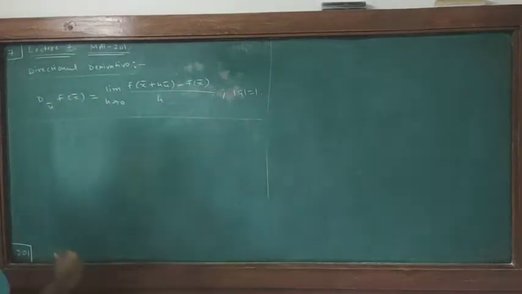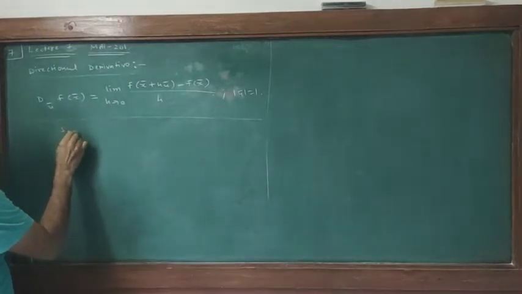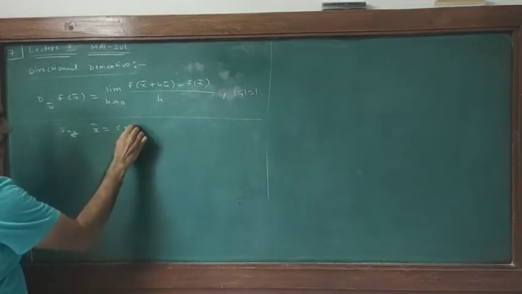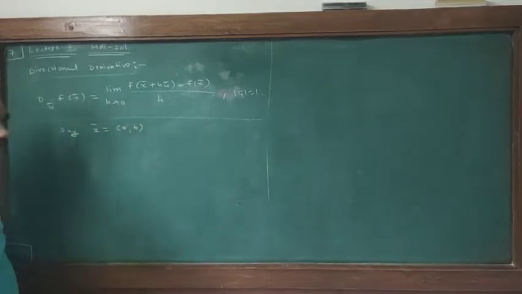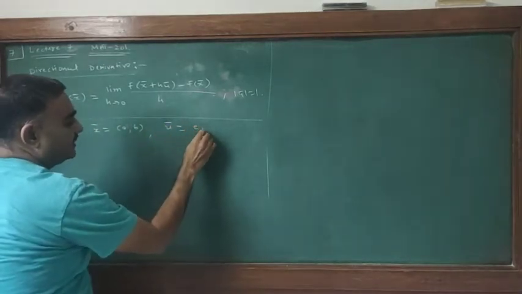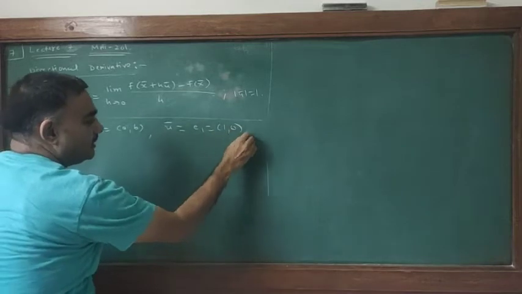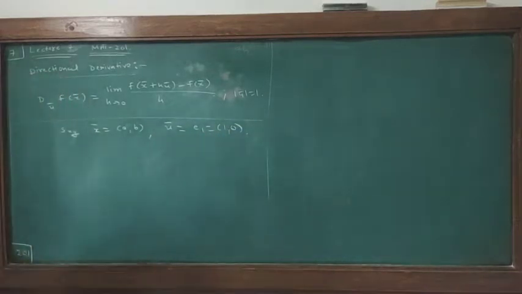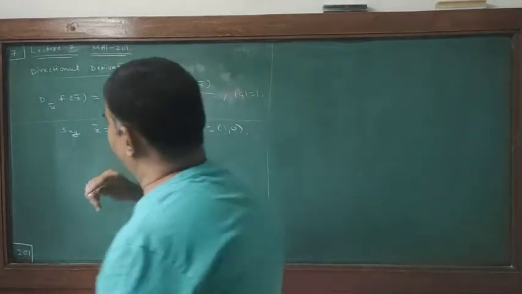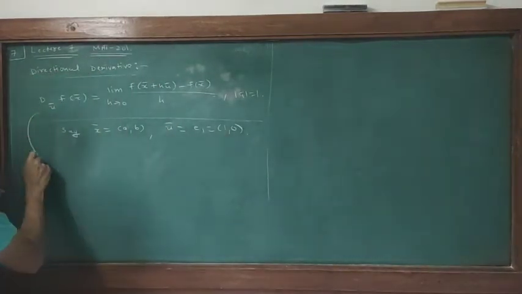Now what I suggest: say x bar is a point (a, b), and for u bar I say it is e1, say (1, 0). Now what is the derivative as per this definition?